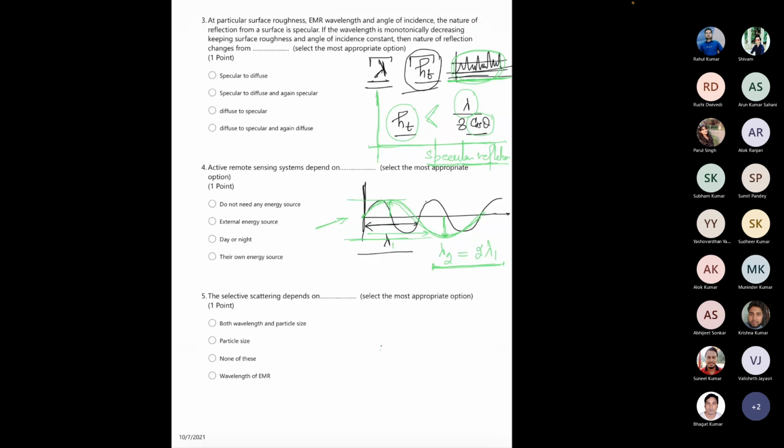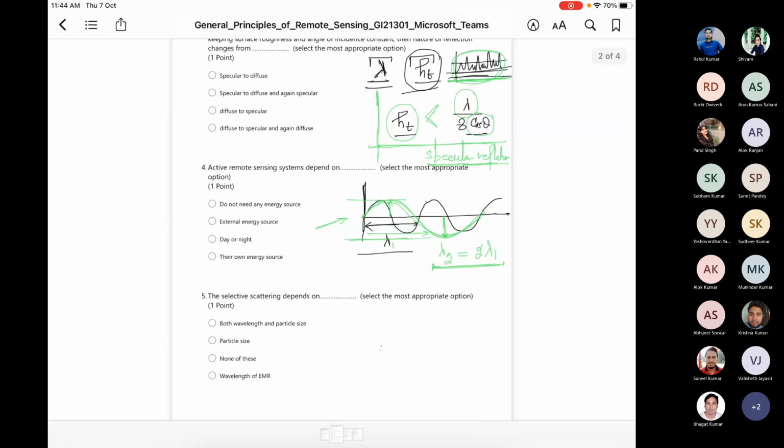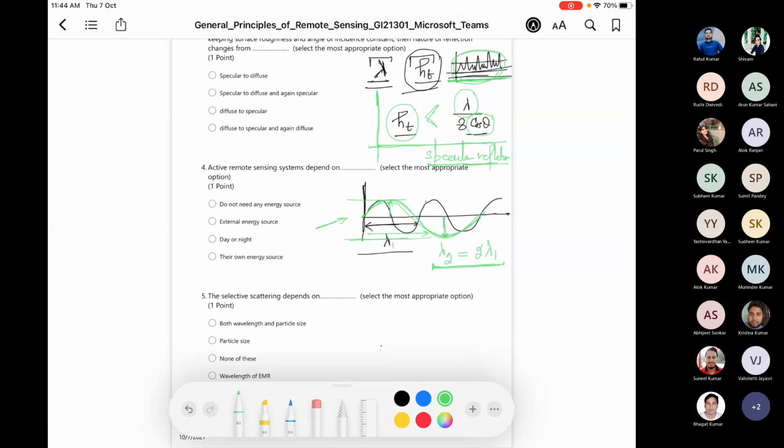So if you get this problem, at a particular surface roughness HT is given, EMR wavelength lambda is given, and angle of incidence is given. The nature of reflection from a surface is specular. One set of values is given, let's say HT1, lambda 1, theta 1.